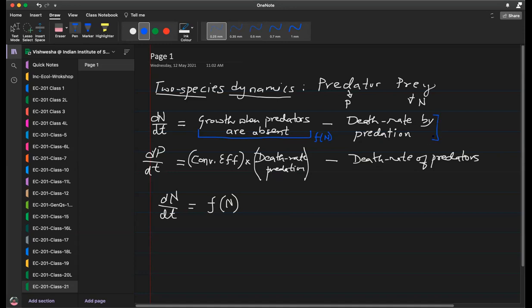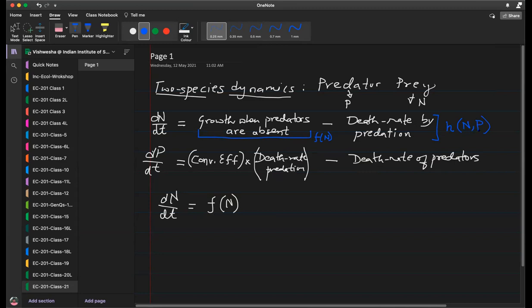And this term, going by our harvesting notation, let us call h. It depends on both n and p, like the harvesting rate by the predators, it depends on the number of predators.